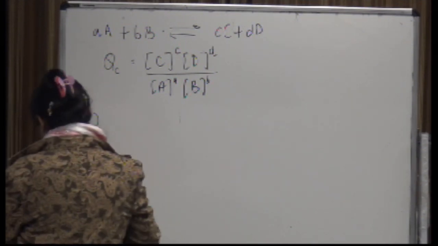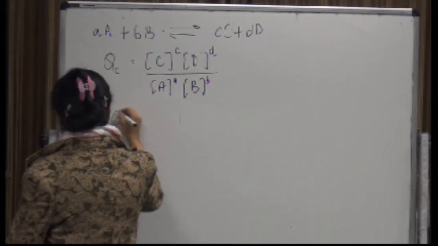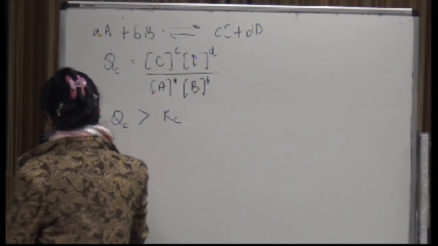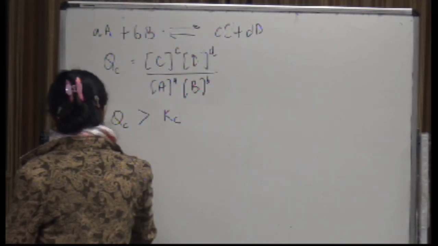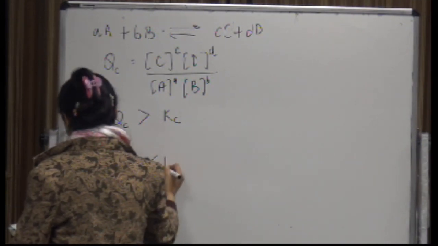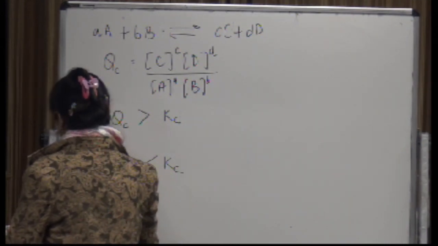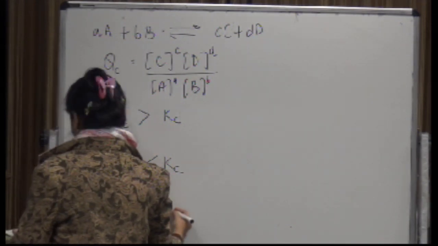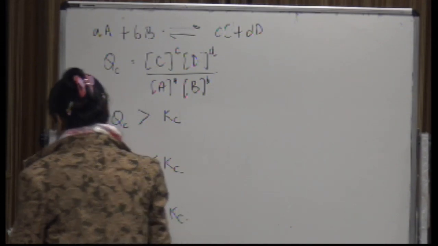One, when your Q is much greater than Kc. Second, when your Qc is less than Kc. And third, when Qc is equal to Kc.